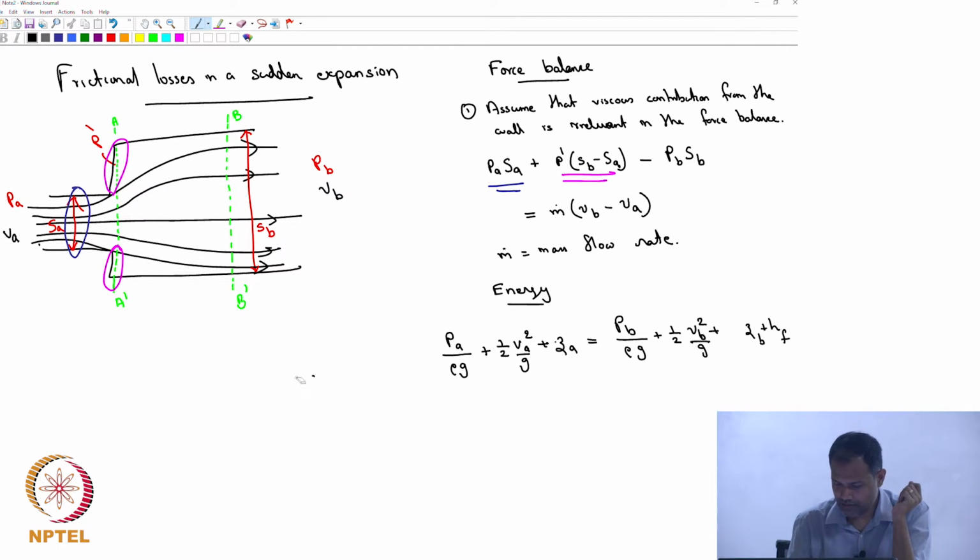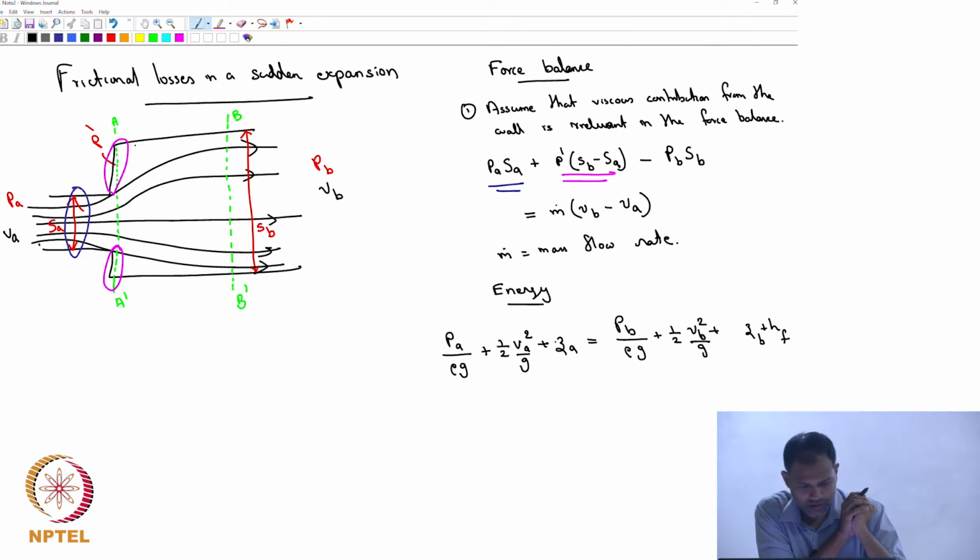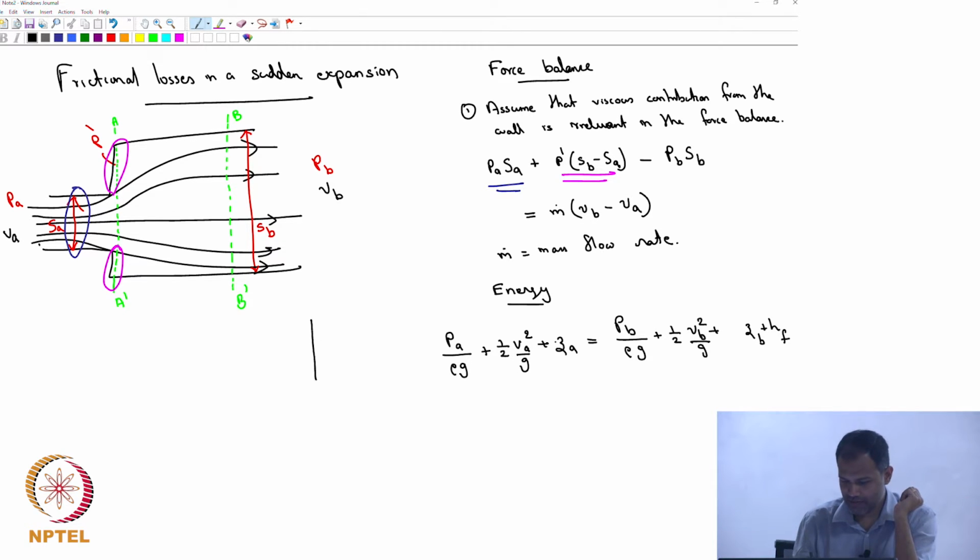Top meaning this region. So in the static case, you mean here.